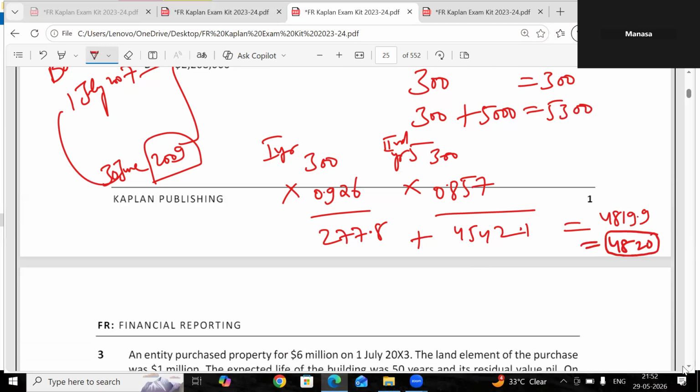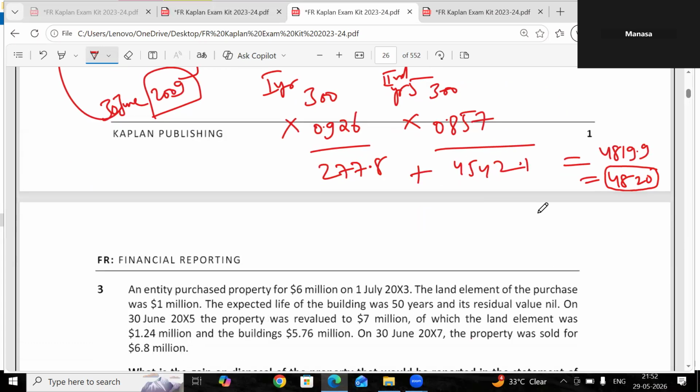For this issue, we got how much? 5,000. So 4,820 is my liability or debt element. So what is the difference? Can I say this is my equity element? Yes or no? Yes, sir. Fine. So we got the equity element also.